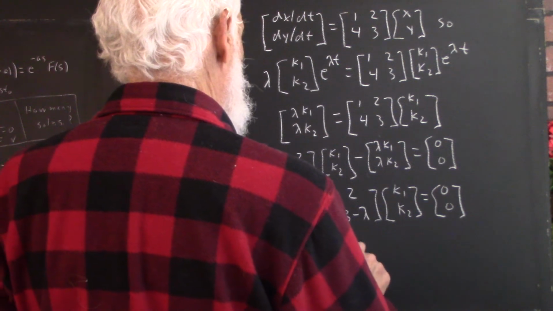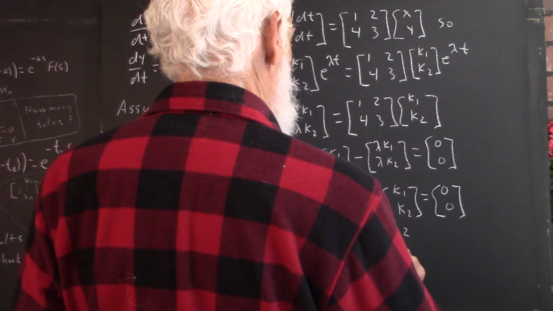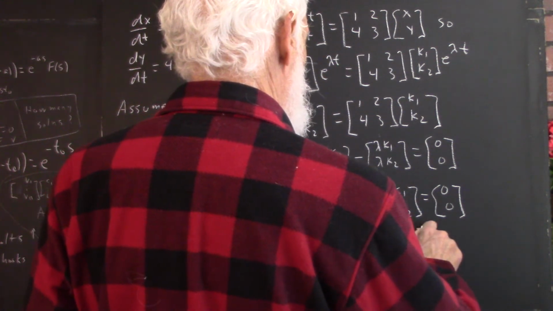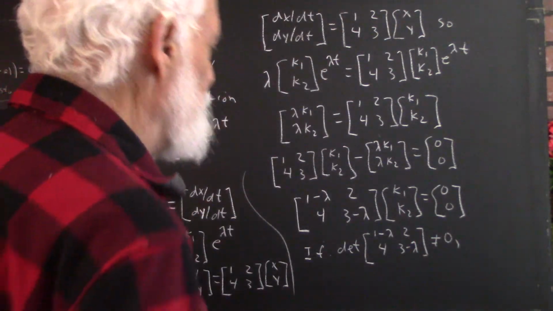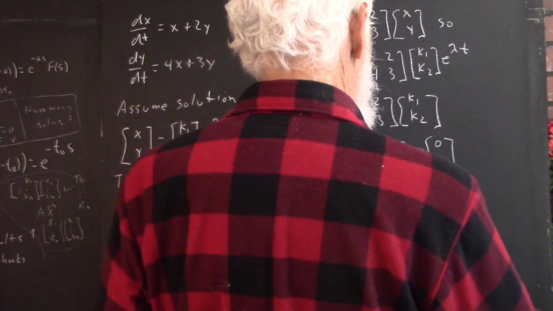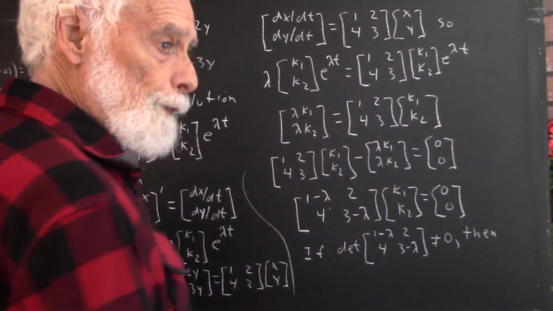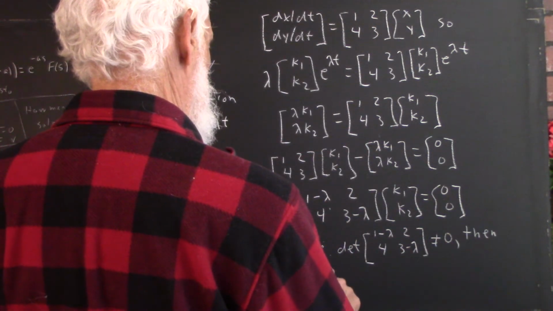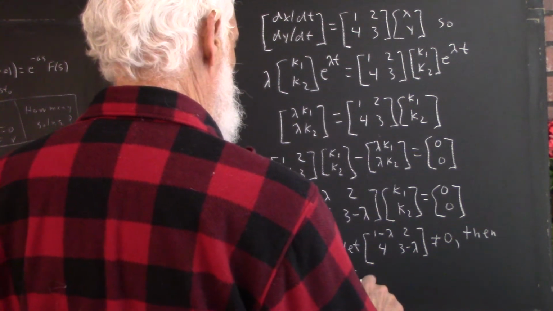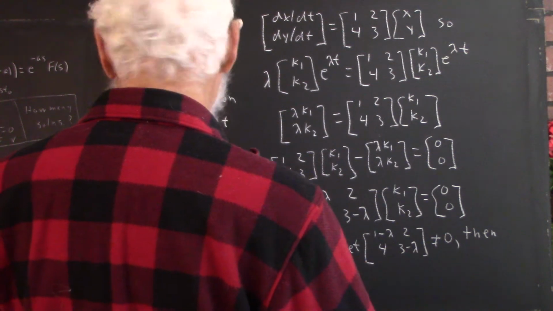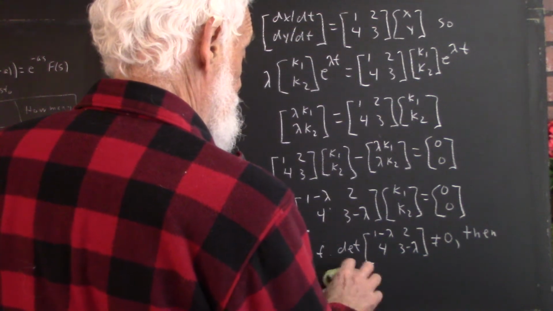If the determinant, and I'll write out det instead of using the absolute value signs, if this determinant isn't equal to 0, then this matrix is invertible, and matrix multiplication is sort of non-commutative.